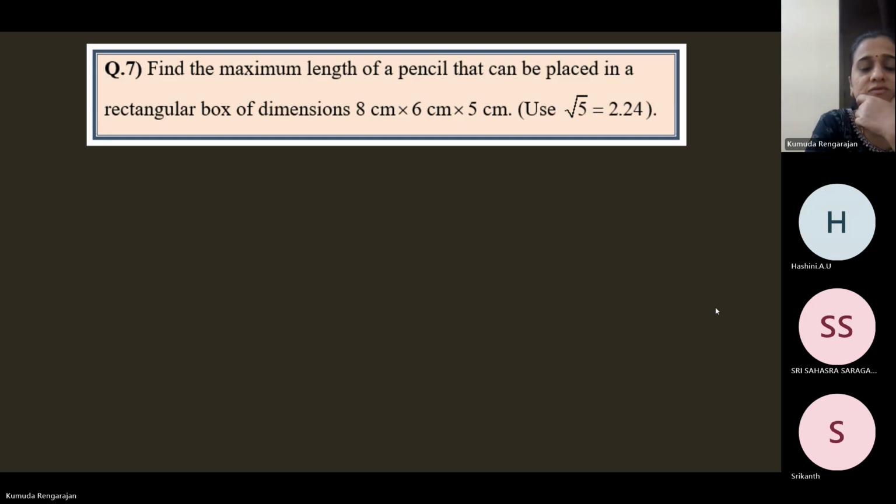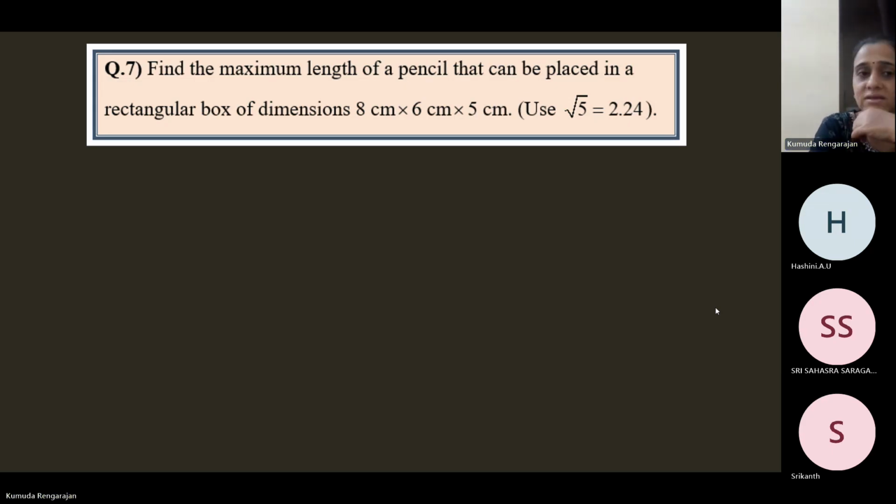Find the maximum length of a pencil that can be placed in a rectangular box of dimensions 8 centimeters by 6 centimeters by 5 centimeters. You need to find the maximum length of the pencil. So it's the length of the diagonal. Maximum length of the pencil is the length of the diagonal that can be placed in this rectangular box.